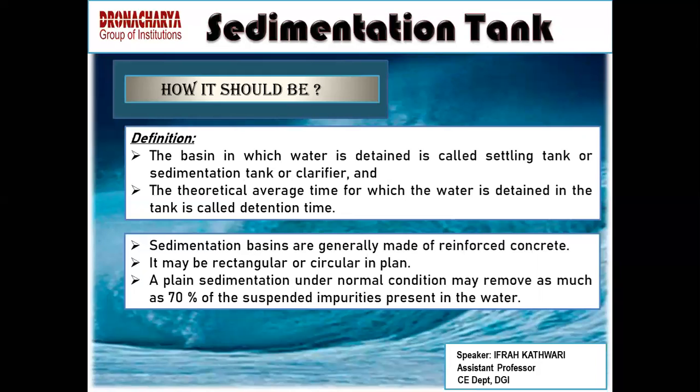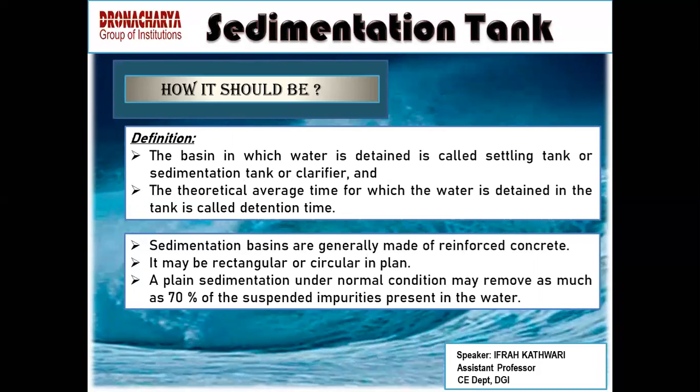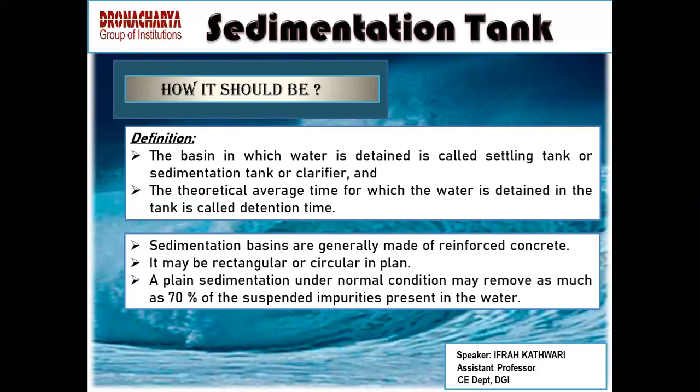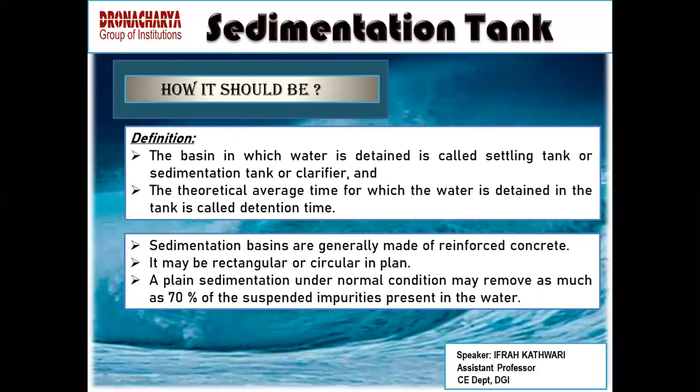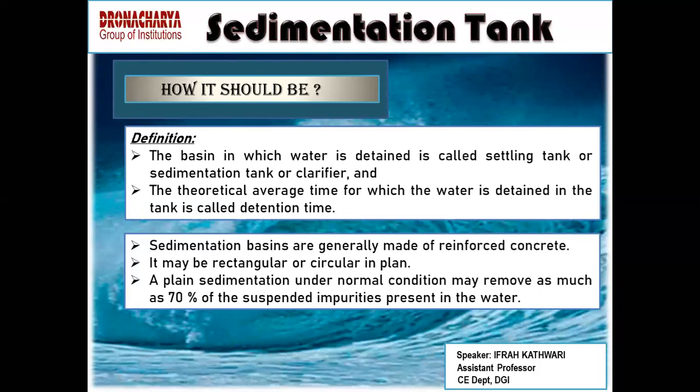The theoretical average time for which the water is retained or detained in this tank is known as detention time. It is one of the most important theoretical times that we need to calculate in order to find out what should be the settling time for water.